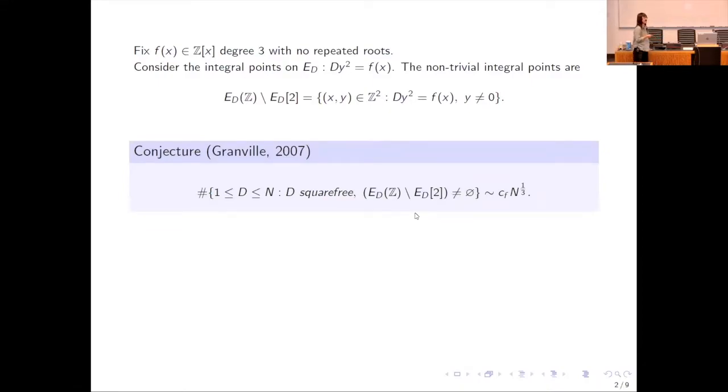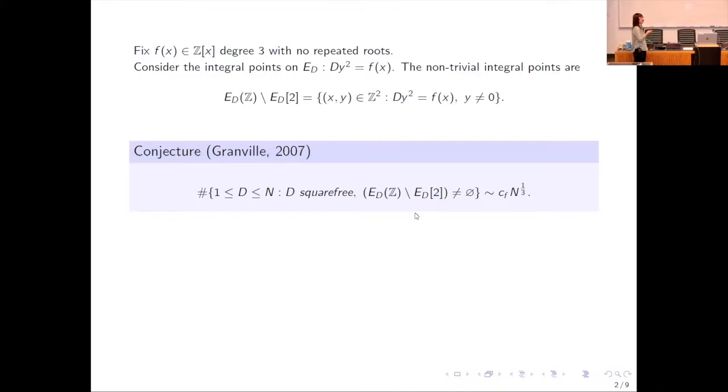Andrew's conjecture is that if we take the set of all integers up to n and count those square free integers d which give you a twist with non-trivial integral points, then the number of such d should be asymptotic to some constant that depends on the polynomial f times n to the 1/3. Actually, Andrew's conjecture is for f of any degree greater or equal to 3.